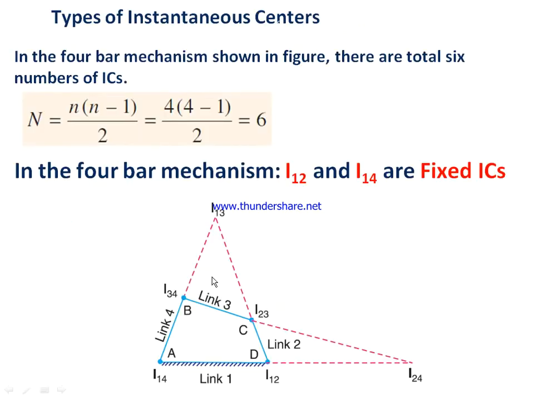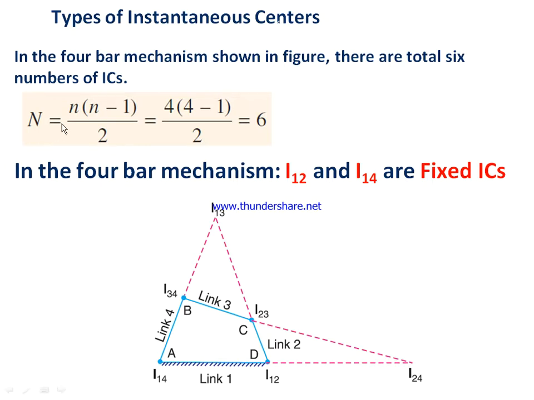Now this is a figure which shows a 4-bar mechanism having 4 links, and we know how to calculate the number of instantaneous centers in a mechanism. This we have seen in the previous part, that is part 1.